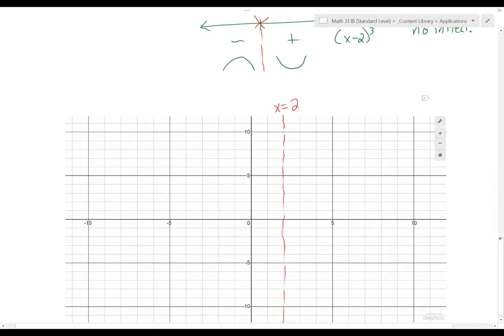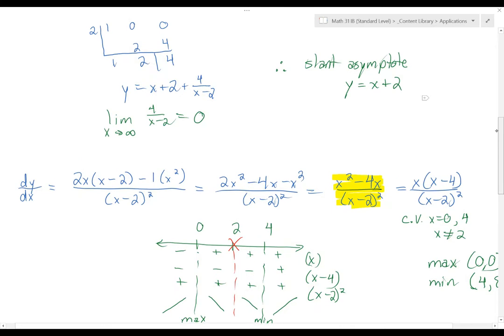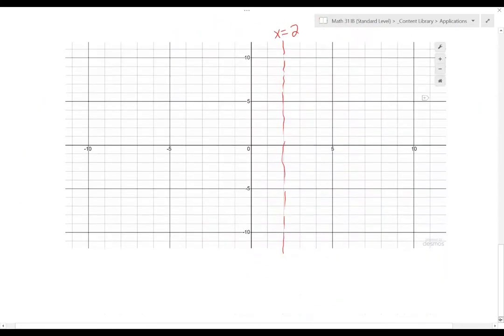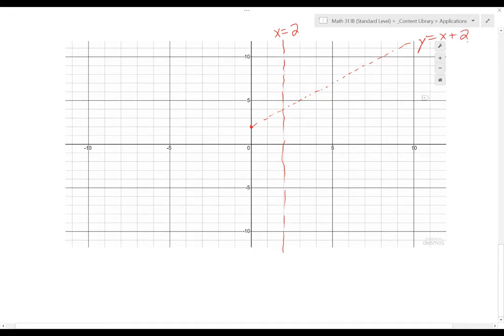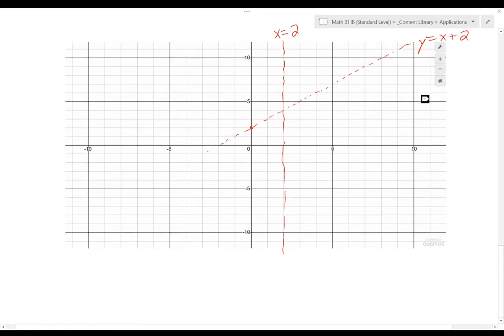I know there is a slant asymptote at y equals x plus 2. So I'm going to draw that on here as well. So y equals x plus 2, making sure I get the slope right. That is a slant asymptote. So just quickly getting this line on here.